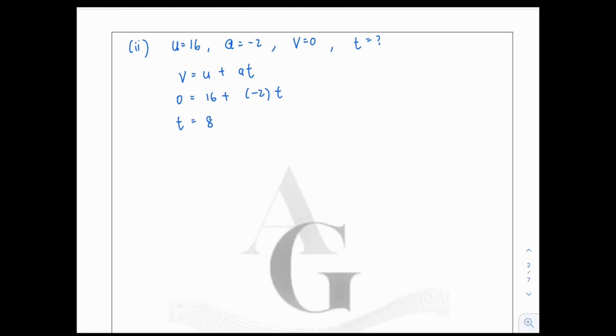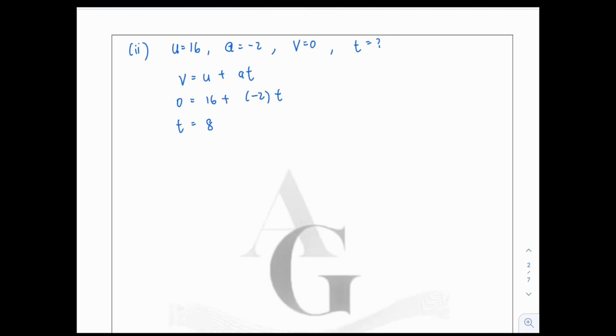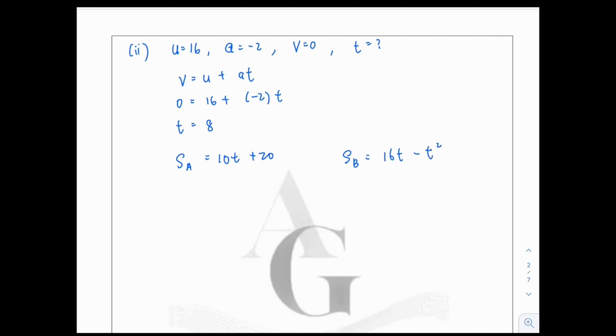Then, now we can find out the distance between the two particles. The expression for particle A that we found in part 1 is 10T plus 20. As for particle B, it's 16T minus T squared. And for now, we just need to substitute T equals 8 into each of them.